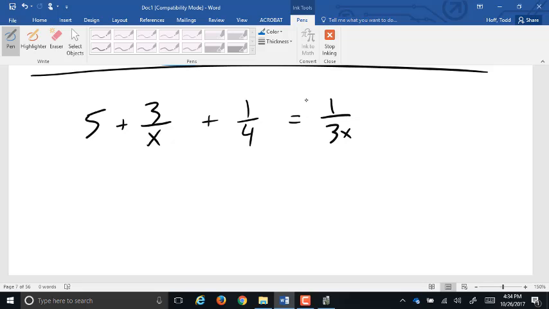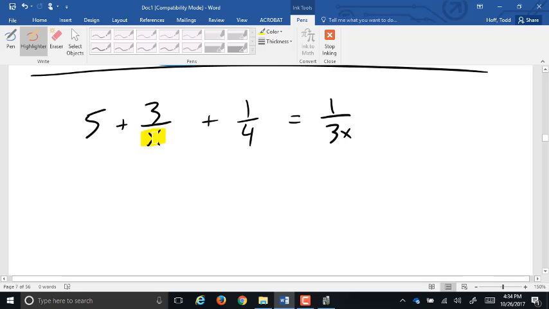So the only way to solve this is to use a least common denominator to get rid of those fractions. So my denominators here are x, 4, and 3x. The x here I'm going to think of as being a 1x. So I just have 1, 4, and 3 for numbers. So I'm basically just 4 and 3.